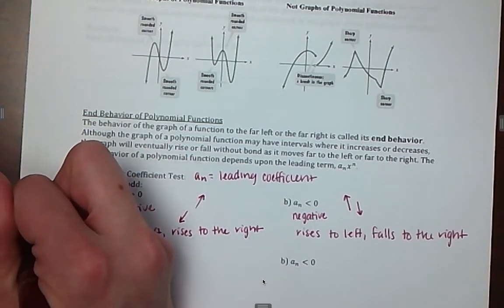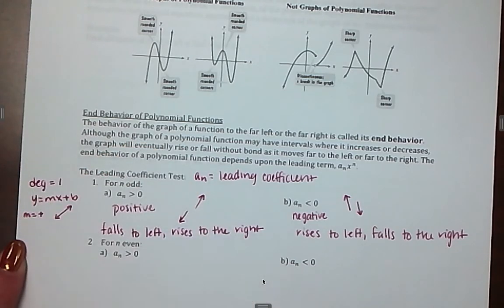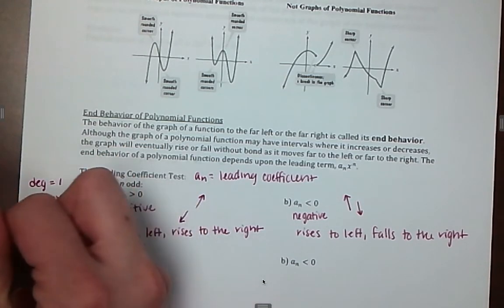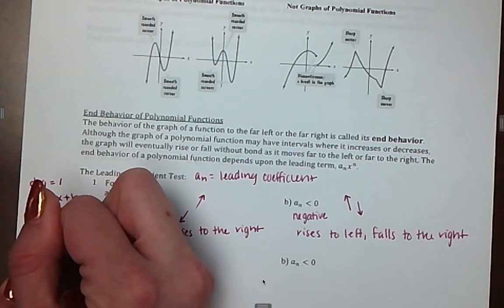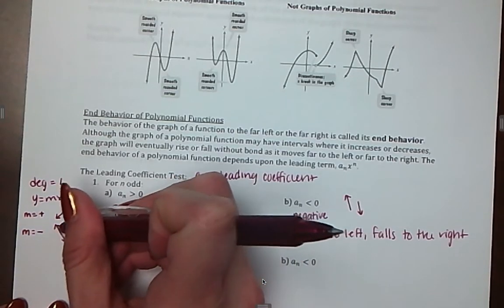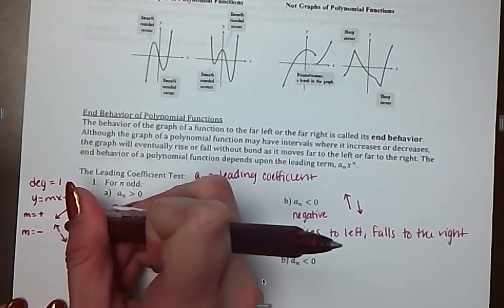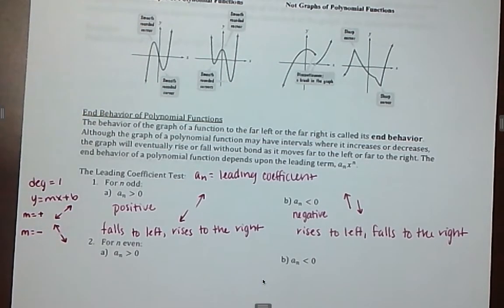When m is positive, our line is going up from left to right. And if m is negative, it's falling. So it's an easy way to remember your odd degrees. The only difference is that you're going to have a space in between these where we don't know what's happening between the arrows. We'll talk about what that looks like on the next page.